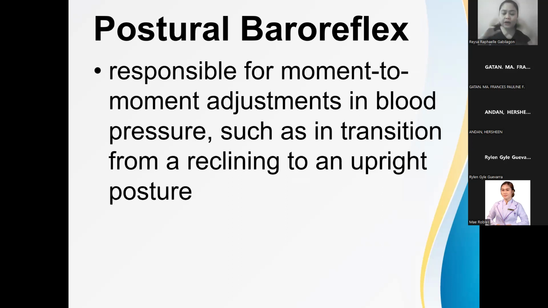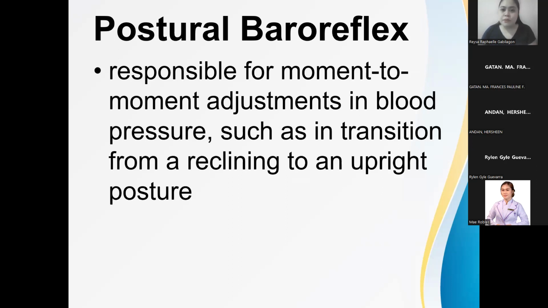So, the one responsible for the regulation of those moment-to-moment adjustments or changes in our blood pressure is the so-called postural baroreflex. For example, you lie down and then suddenly stand up, you might have an increase or decrease in the blood pressure.